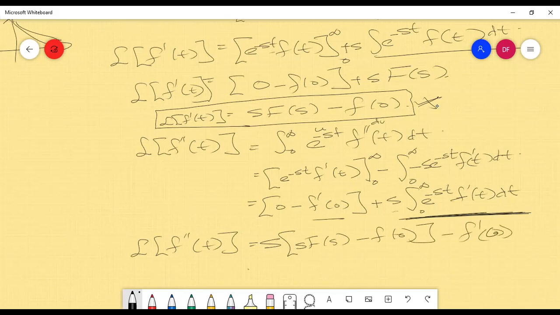That gives me s squared F(s) minus s f of 0 minus f prime of 0.